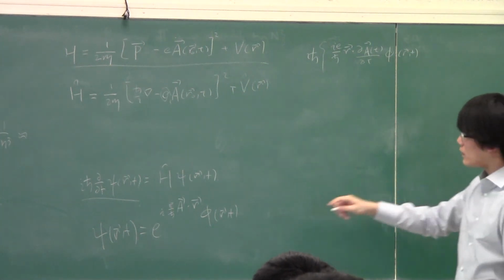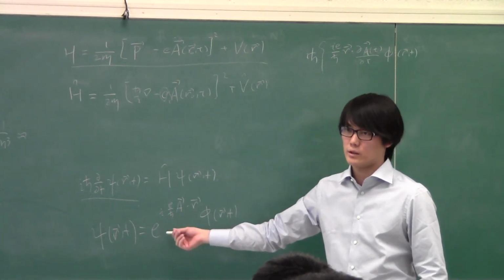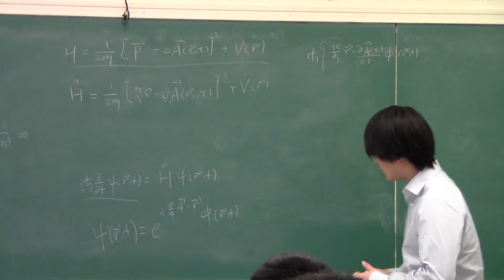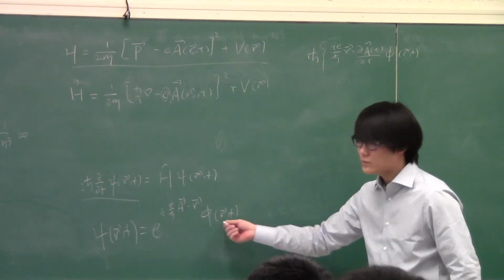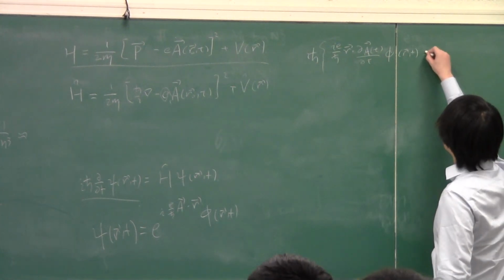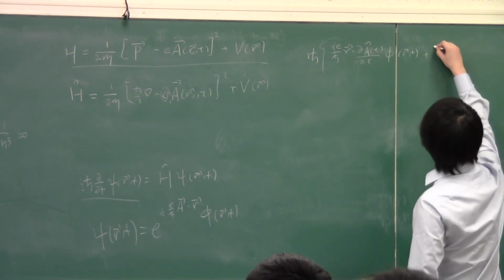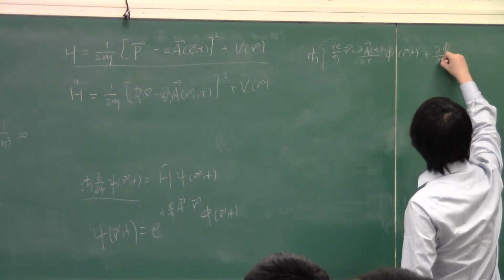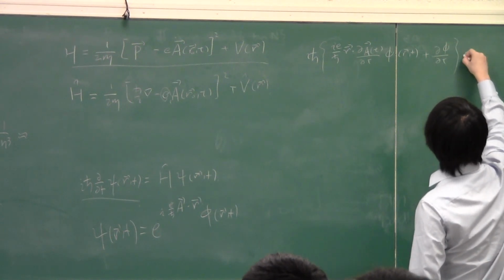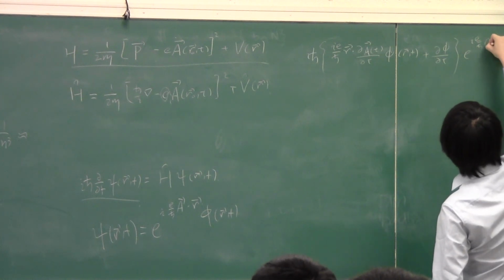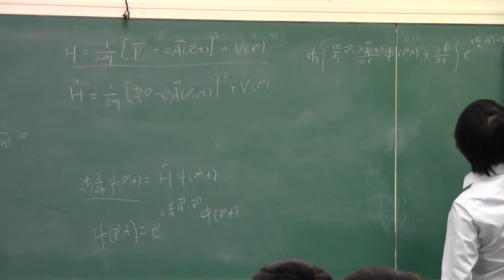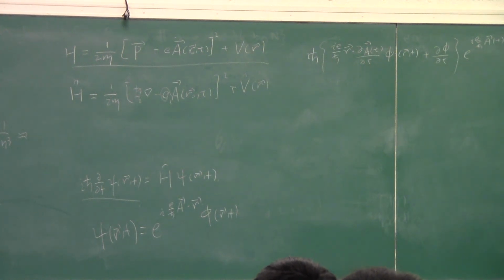I'm going to take this phase factor, which remains after the differentiation, outside. And then I will get another term, which is just the time derivative of this thing. So plus d phi dt. And then I get the phase factor out. Correct? Okay. So this is the left-hand side.